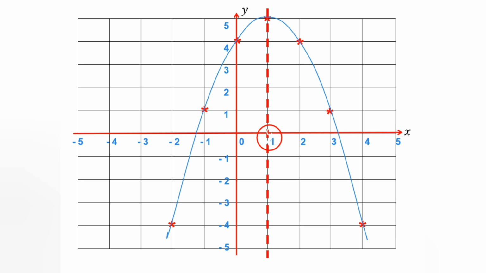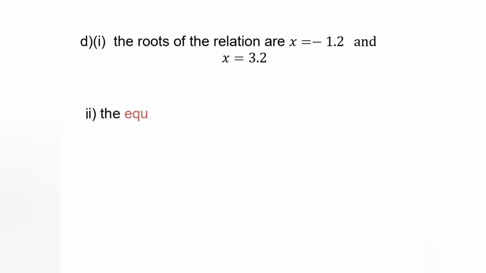So in this case, what will be your conclusion? You realize that the line of symmetry passes through 1 on the x-axis, and that becomes our equation of the axis of symmetry. Very easy, right? So we can conclude that the equation of the line of symmetry is x is equal to 1.